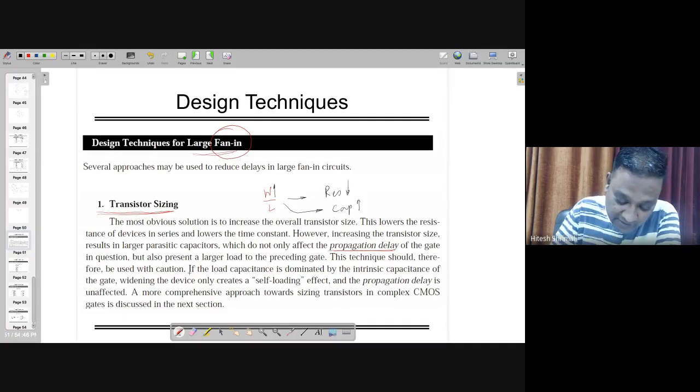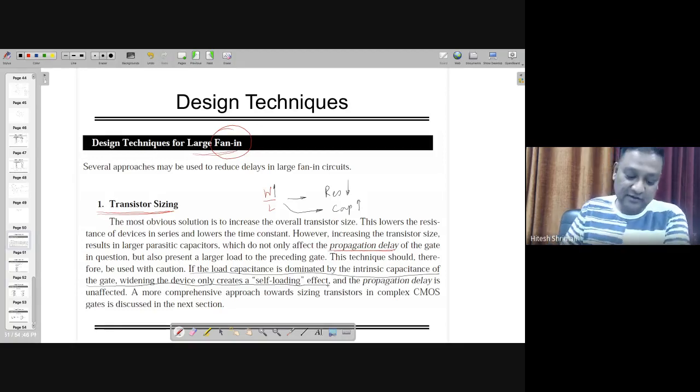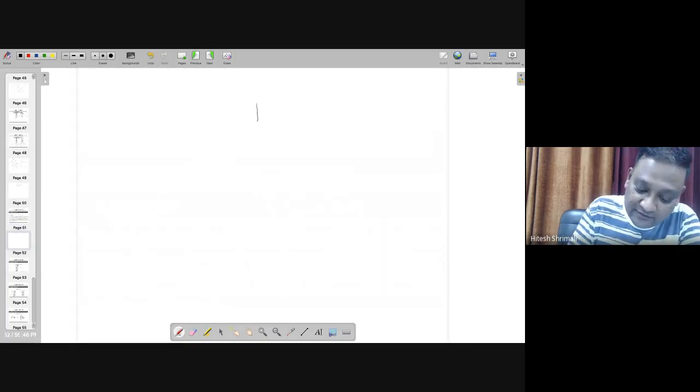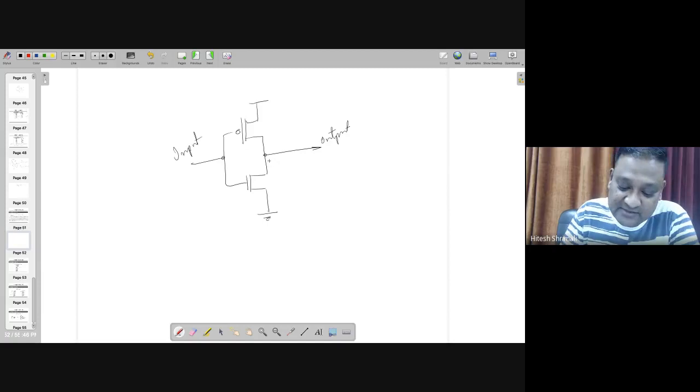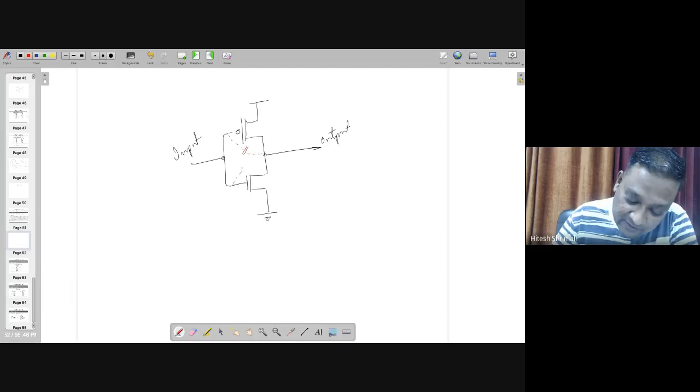One more thing, if you are reading this: if the load capacitance is dominated by the intrinsic capacitance of the gate, widening the device only creates a self-loading effect. If you remember, I told you that if nothing is drawn at the output, like this, input and output, if you are not drawing any load capacitance, it does not mean that this particular gate does not have any capacitance at the output.